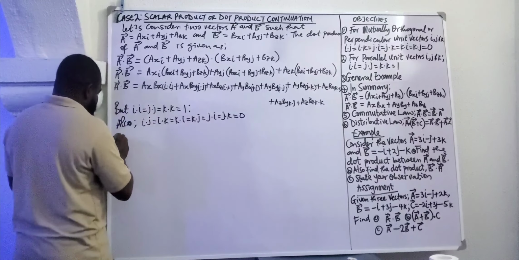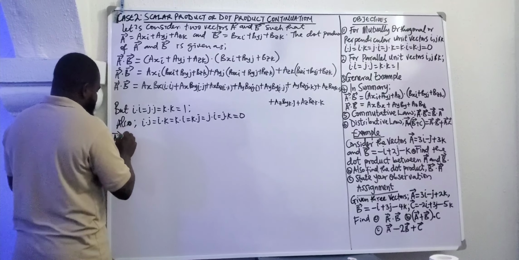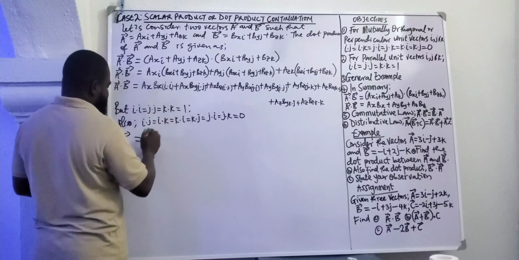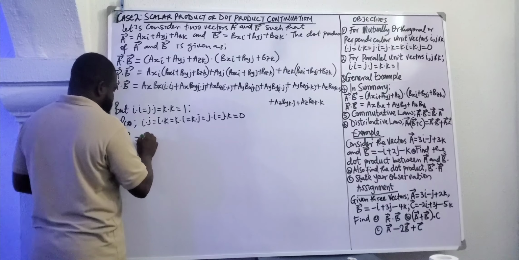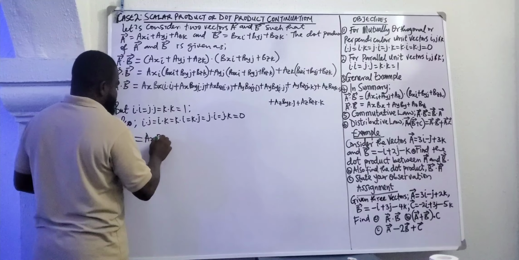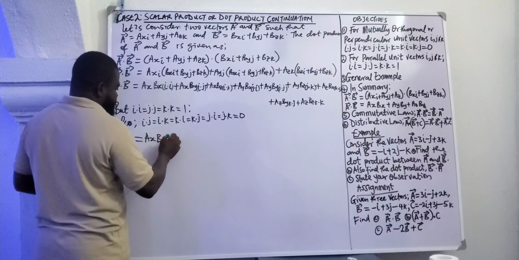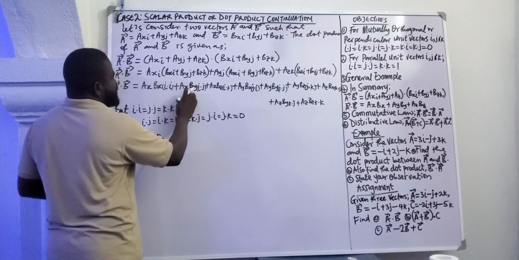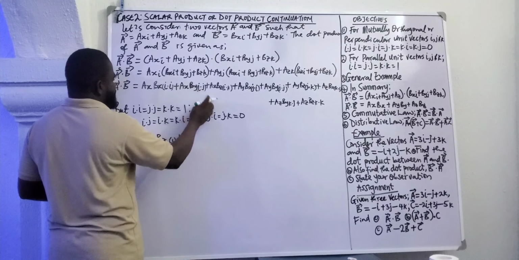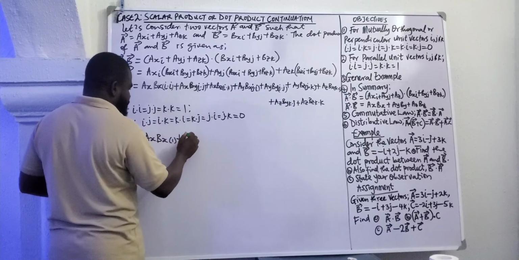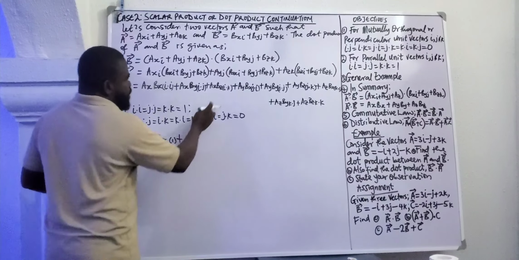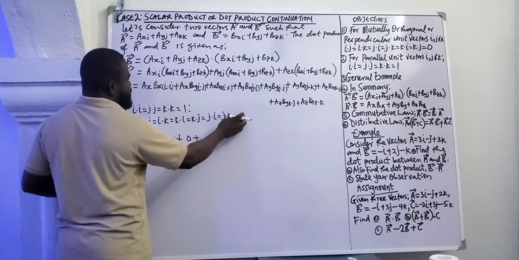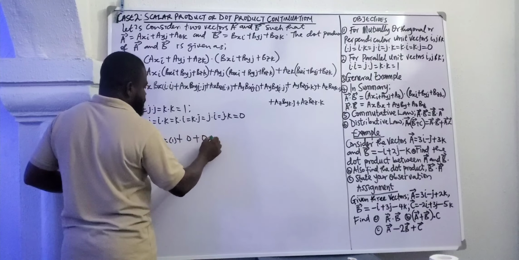So if we substitute, the expression will give me A dot B equals, here I have I dot I. So I will put 1. That gives me AXBX times 1. Here I have AXBY I dot J is 0. So that component goes to 0. I have here AXBZ I dot K. I dot K is 0. That component goes to 0.